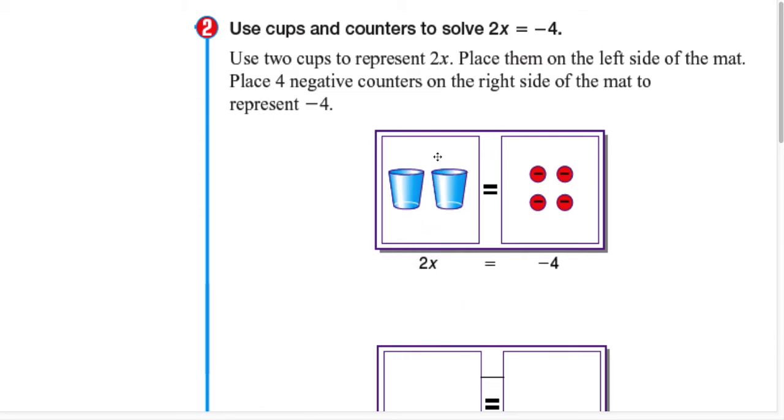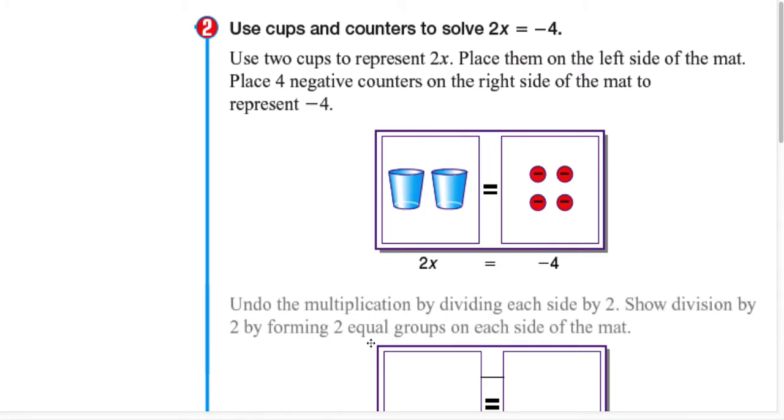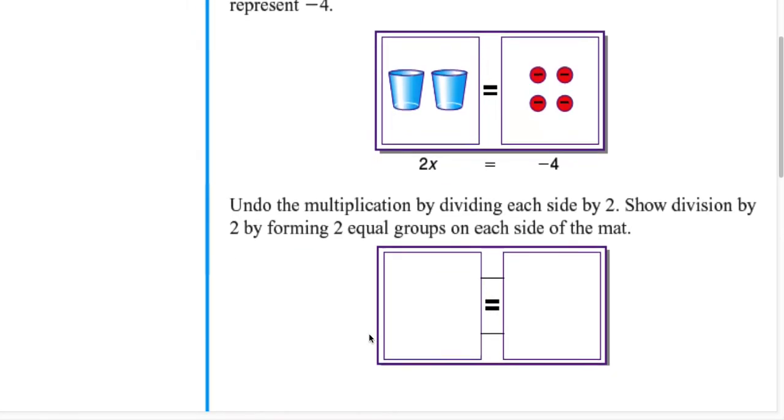Remember, we want to isolate only 1 cup, not 2 cups. So we undo multiplication by dividing each side by 2. Show division by 2 by forming 2 equal groups on each side of the mat. So we divide the cups into 2 groups, and we divide negative 4 into 2 groups as well.